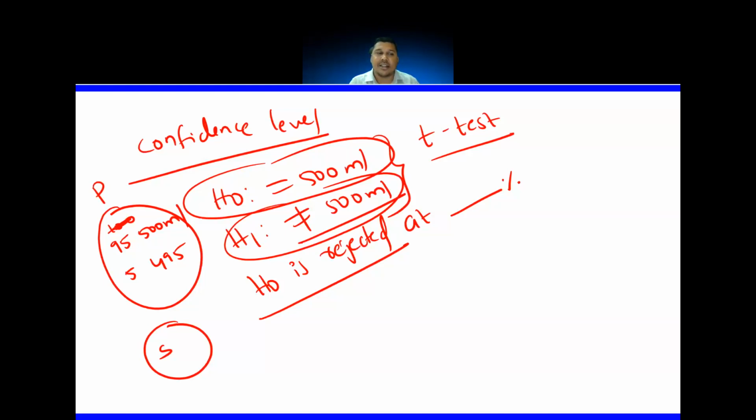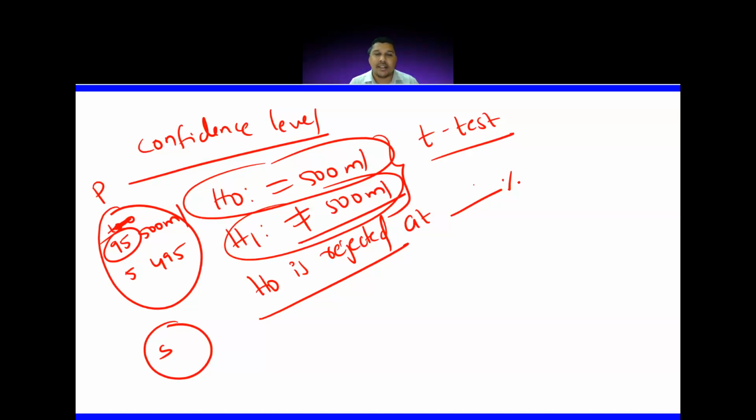By chance, if the five bottles you have chosen are from the 95, then you will say that yes, whatever claim made by the company is true, because when you randomly take five and calculate their average, it is 500 only. You failed to reject, so you will say whatever the company has said is true. Okay, right.